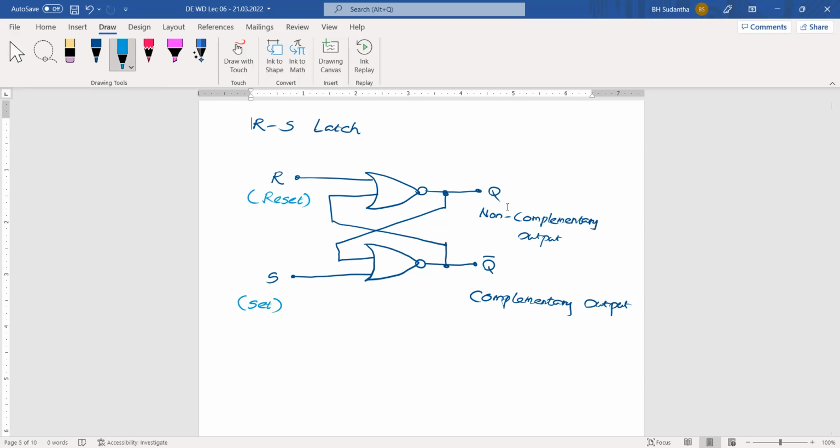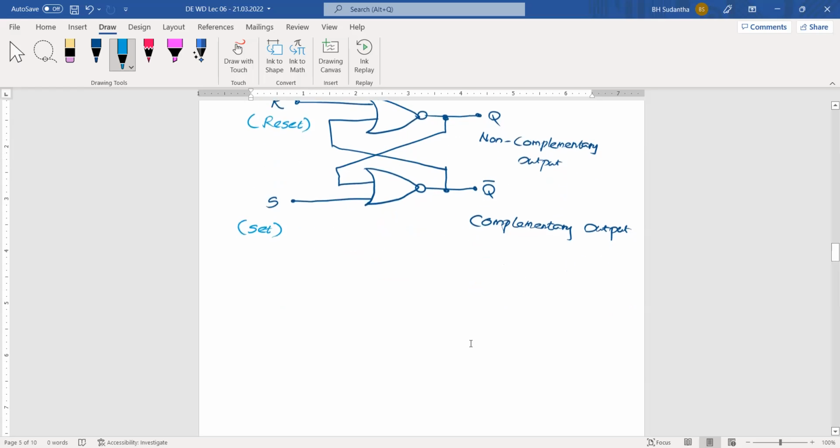Q bar is the opposite status of Q. Then the truth table: 00, 01, 10, 11. These are all the possible combinations for R and S.